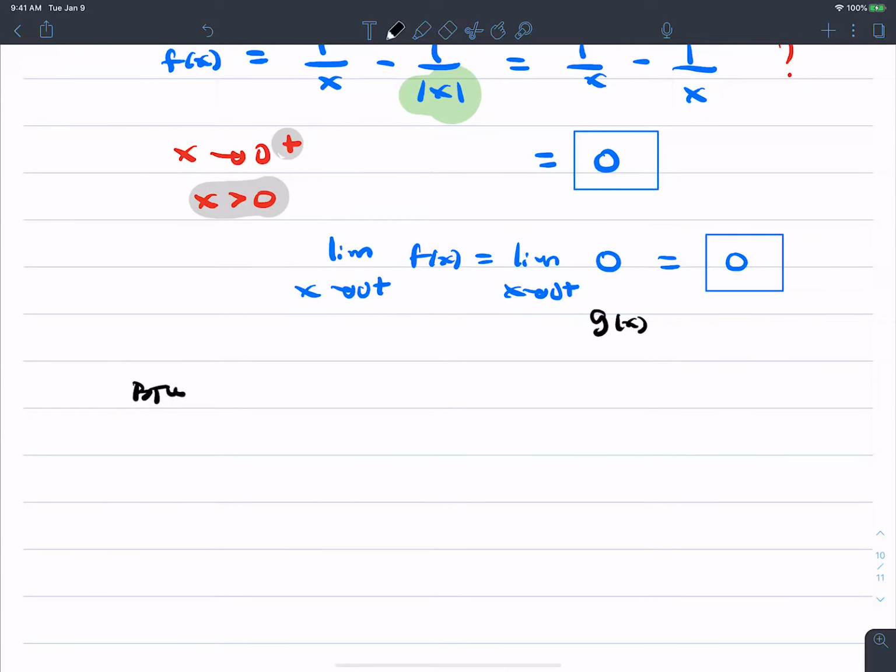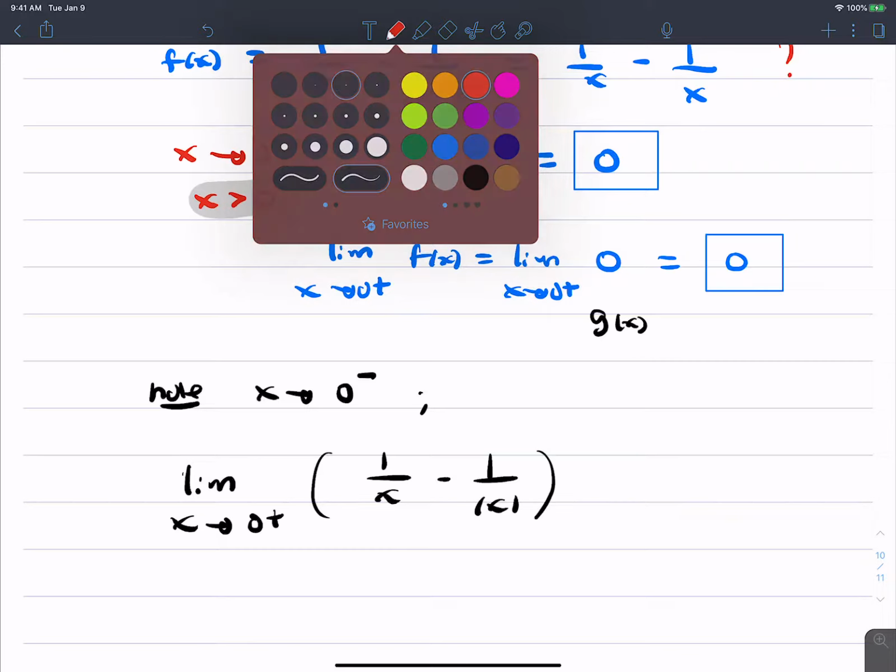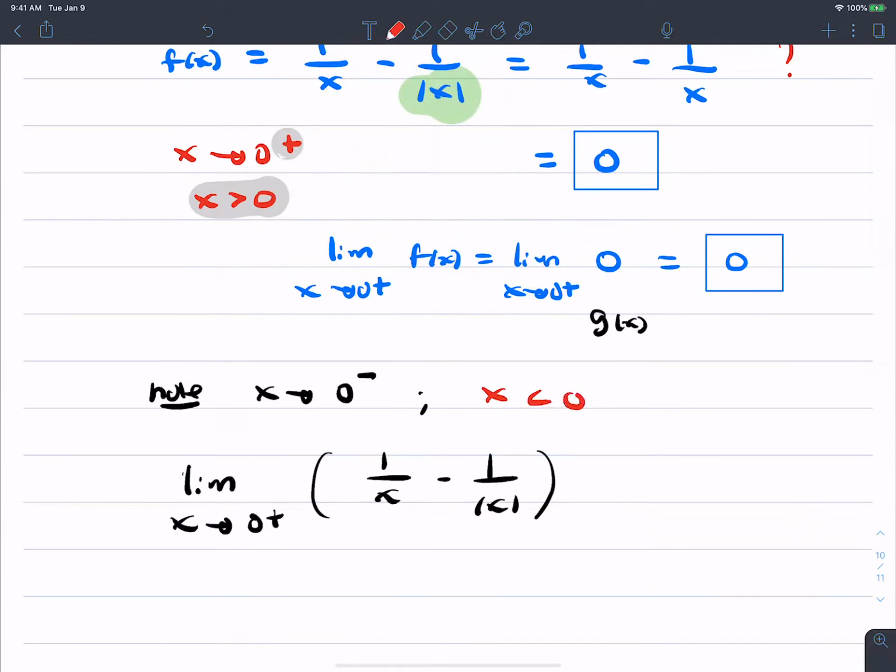By the way, let's call that a note instead. You said, what if I went with the other? I mean, what if the question was approaching 0 from the left? They gave me 1 over x minus 1 over the absolute value of x, and I want to approach 0 from the left. Well, if you approach 0 from the left side, that means x is negative.